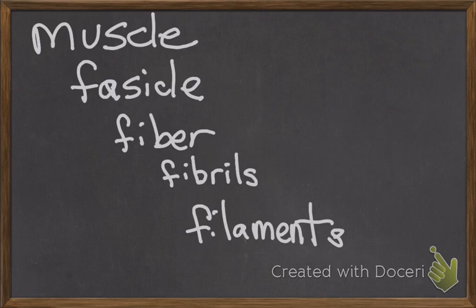Is this confusing enough for you? You have 4 words that start with the letter F. What a pain. So you have a fascicle, a fiber, a fibril, and a filament. And most of the time, just to make darn sure everybody knows what we're talking about, we call these myofibrils and myofilaments. What does myo mean? We use it to refer to muscles.